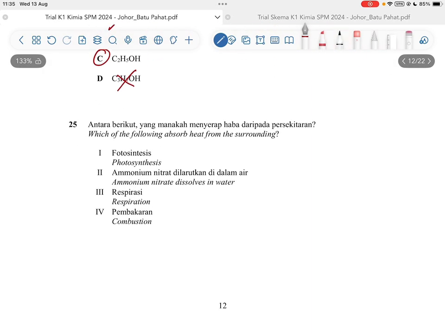Okay, so let's continue with question 25. Which of the following will absorb heat from the surrounding? So this requires your basic knowledge in thermochemistry. If the reaction absorbs heat from the surrounding, it is an endothermic reaction.